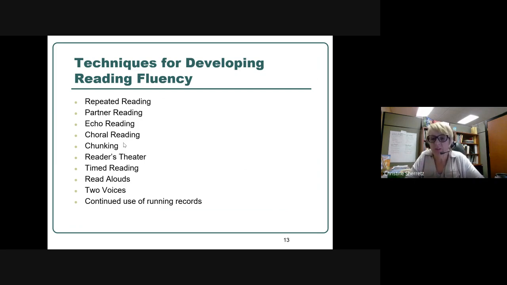I'm just going to talk to you briefly about one strategy that I've used, and I actually wrote an article about it. I'll share it with you, and that's telling jokes. You might say, how can telling jokes help with fluency? I wrote an article about 10 years ago, and we worked with some students that were struggling with fluency, and we gave them Laffy Taffies and gave them different jokes.